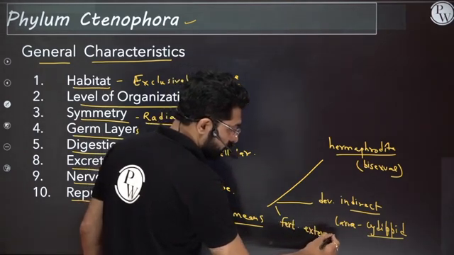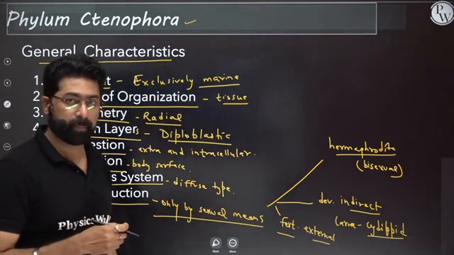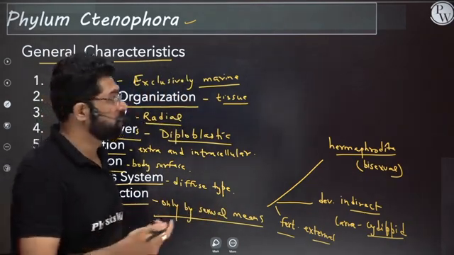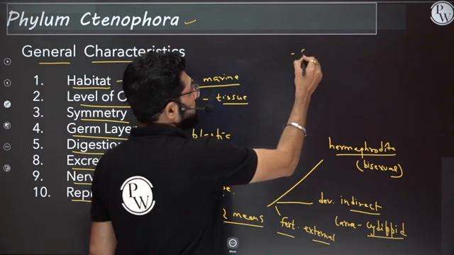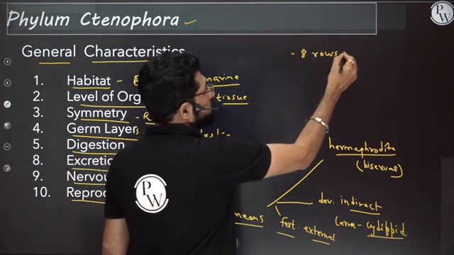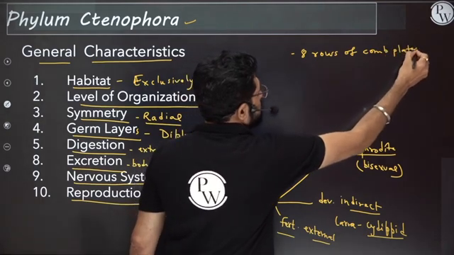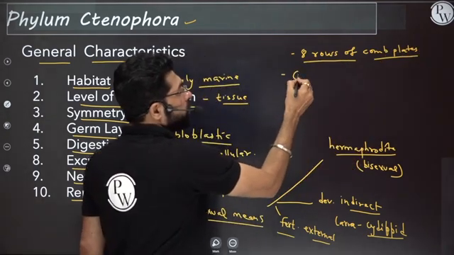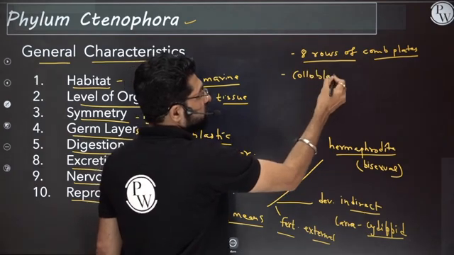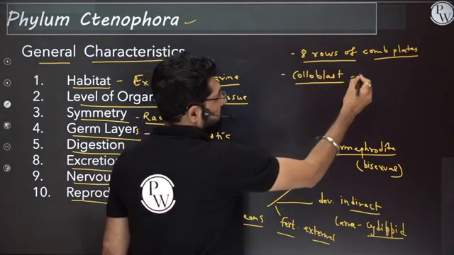Please write down these points. Is it okay? Examples we already discussed. Some more important points: 8 rows of comb plates. Colloblasts present. They don't have cnidoblasts, they have colloblasts present.